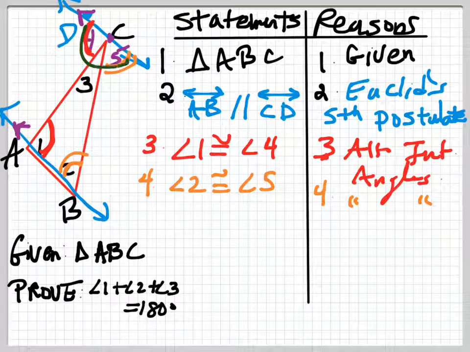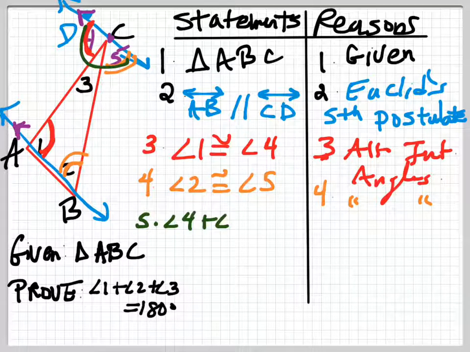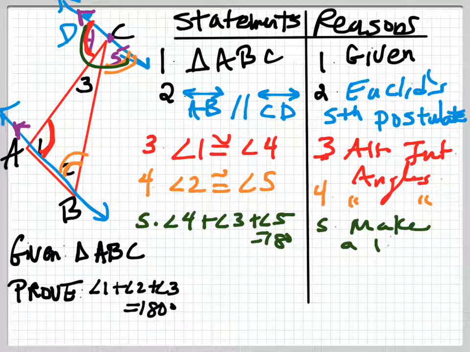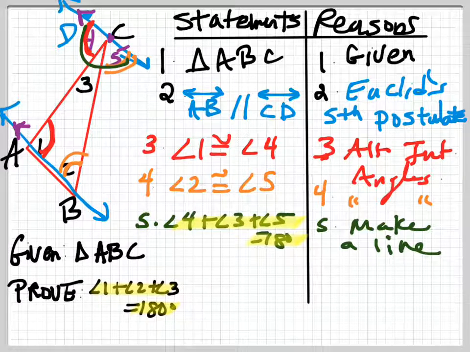So observe, statement 5, that angle 4 plus angle 3 plus angle 5 equals 180 because they make the line. This is a useful observation and a valid observation to make because our goal involves three things adding together to make 180, and that's precisely what we have here. Just the wrong three things, but it's a start.